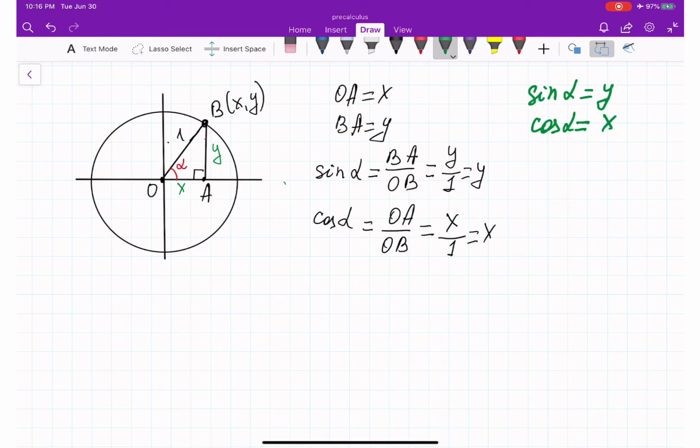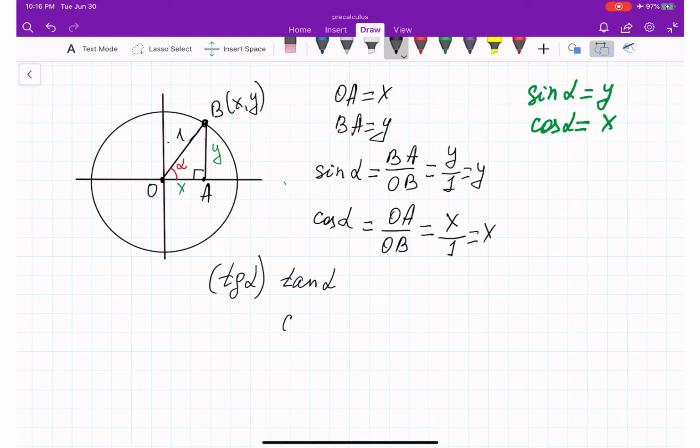Next, tangent alpha, by definition, from triangle with the right angle. By the way, tangent also you can see written like that, TG.